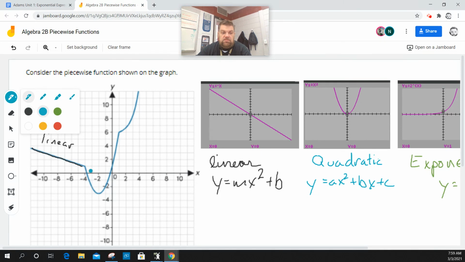This part from here to here, that's the quadratic. And then from here to here, you can see that that is the exponential.